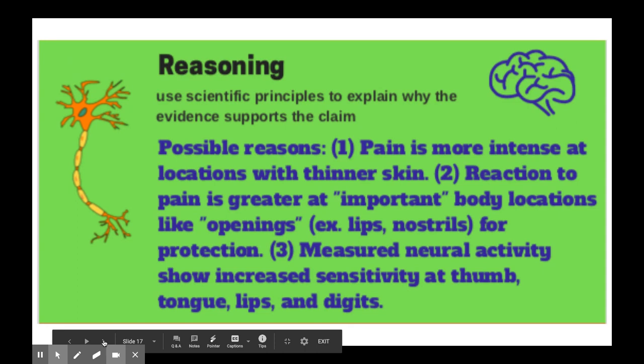And then the last scientific reason: measured neural activity shows increased sensitivity on the thumb, tongue, lips, and digits. So again, we're providing 3 reasons why the nose and upper lip experience more pain using that claim, evidence, reasoning strategy.